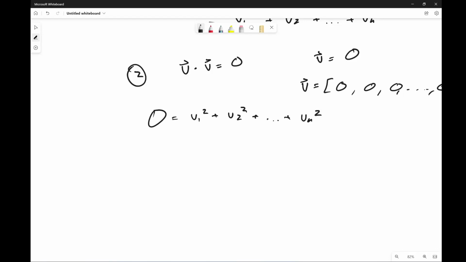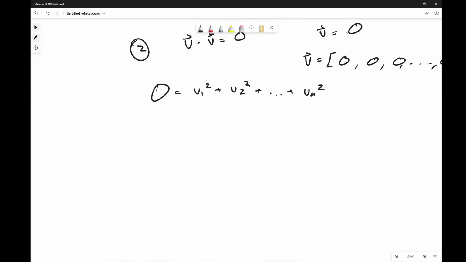There's no negative numbers that this could be. Nothing will cancel out. So it must only be positive or 0. So if any of these was non-zero, then we could not have a 0 product, and thus the property holds.